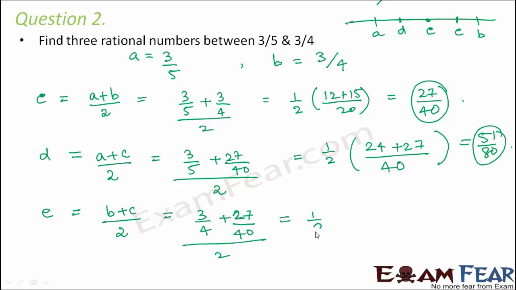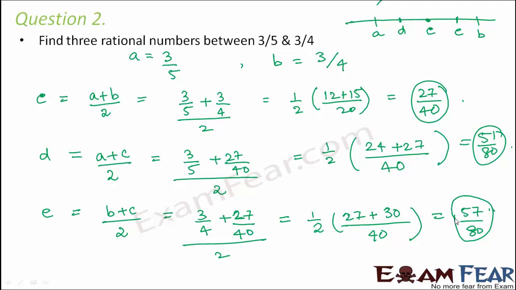That is equal to 1 by 2 into (30 plus 27) divided by 40. So this comes out to be 57 by 80. So these are the 3 rational numbers, that is 27 by 40, 51 by 80, 57 by 80, which lie between 3 by 5 and 3 by 4.